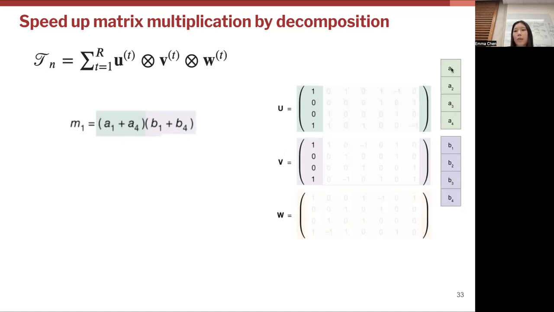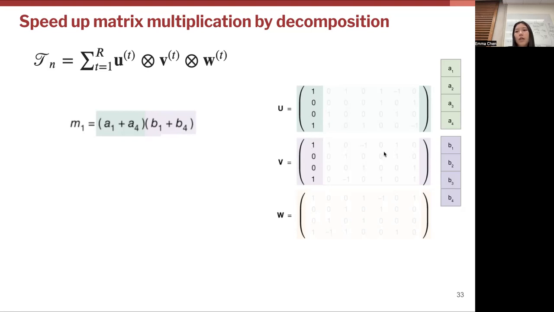If we mask it on the vector A, it will result in A1 and A4. And I'm going to sum whatever elements remain after being masked by this vector.